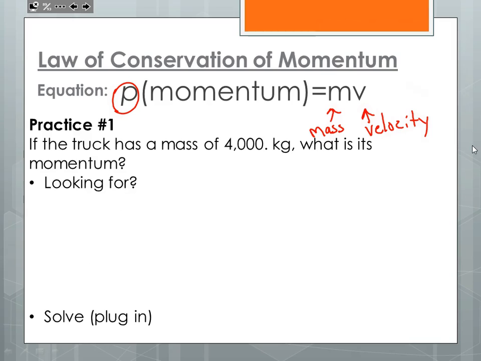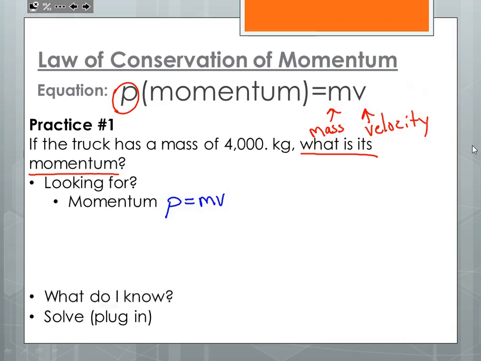Remember, first thing we always ask ourselves is, what are we looking for? Well, if I'm looking for something, that means there must be a question asked, and it says, what is its momentum? So we're looking for momentum, and momentum's abbreviation is the letter P. So we're going to use that equation, P equals M times V. When those two variables are together, it means to multiply.